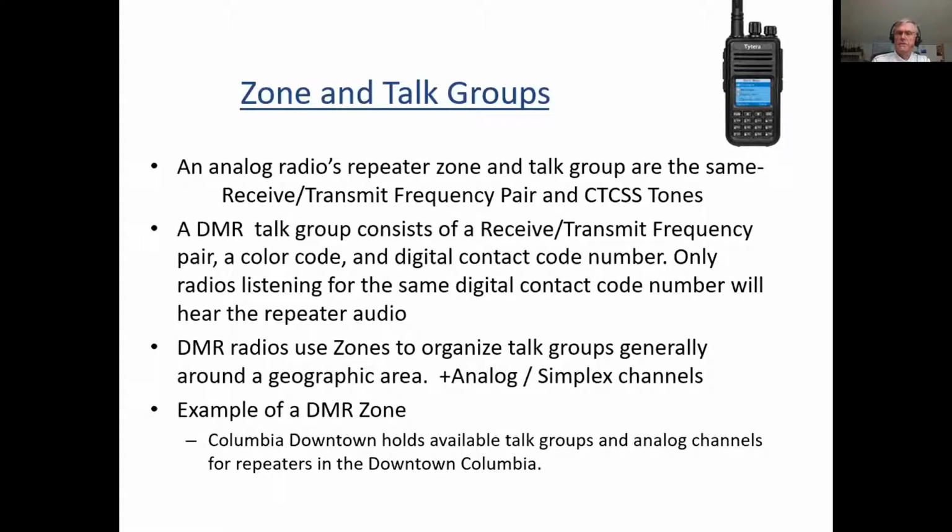All the potential talk groups for that repeater are stored in that zone. Plus, I may have the other analog repeaters in that zone and some SC Heart DMR repeaters in that zone that happen to be downtown. So once I get in that zone, I've only got a small section I have to look through to see where I want to go.